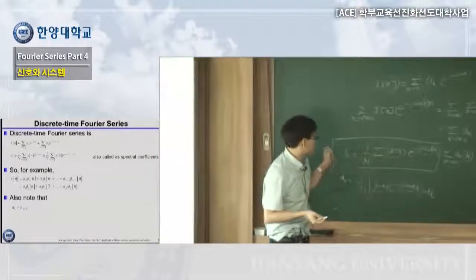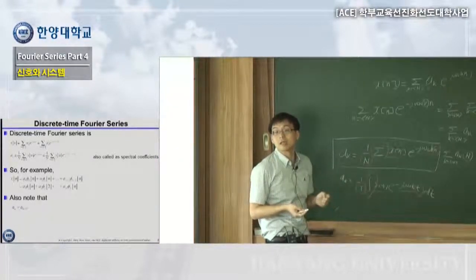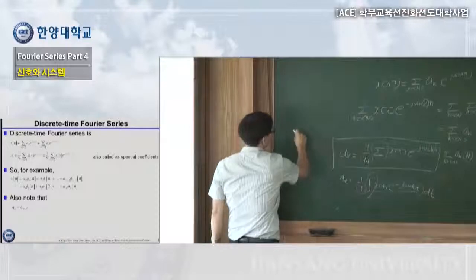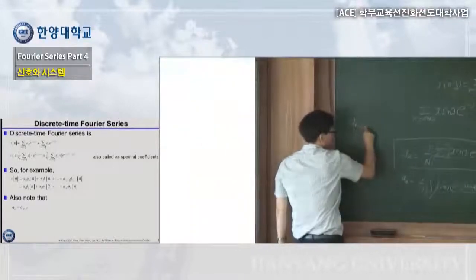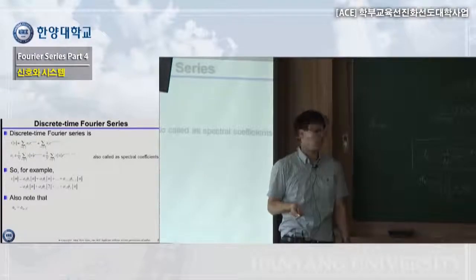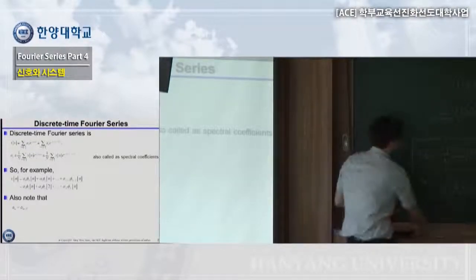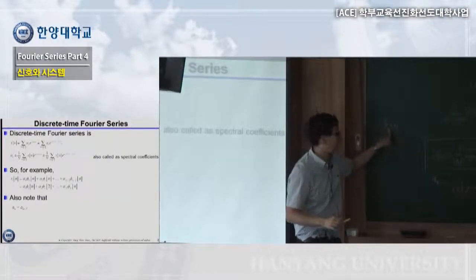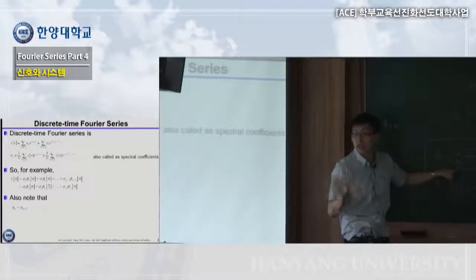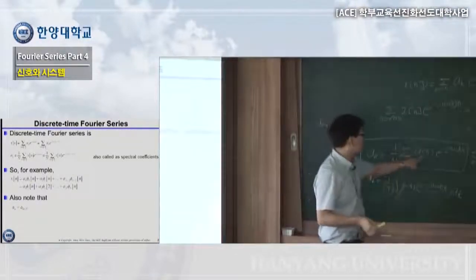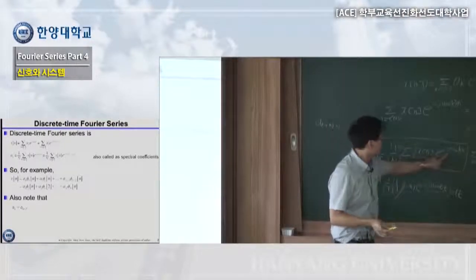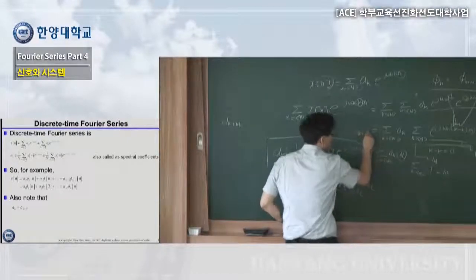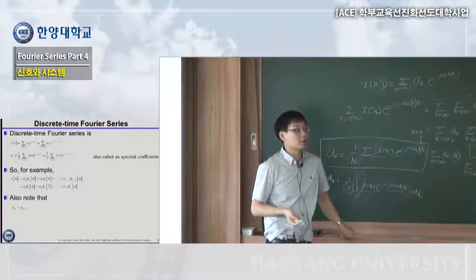What about this? This is also repeating, because if you add N to your a_k, what happens? k becomes k plus large N. This n doesn't have any k, so that's fine. In here, this k changed to k plus large N. Other things will be the same.